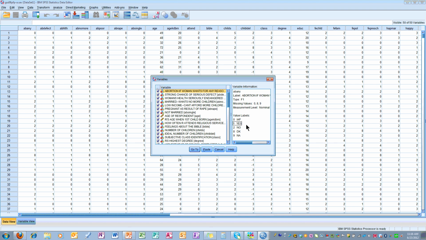Respondents could respond either yes, it should be available for any reason, or no, it shouldn't be available. And the next question, should abortion be available to a woman if there's a strong chance of serious birth defects? And respondents could respond either yes or no. And then if we go over here, we can see that, for example, the second respondent responded yes, it should be available.